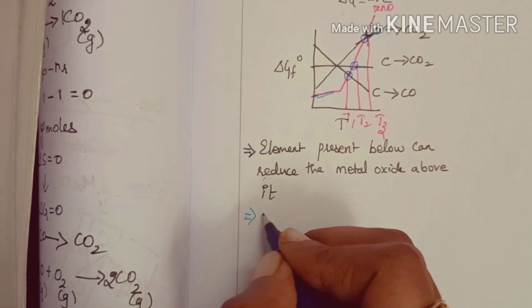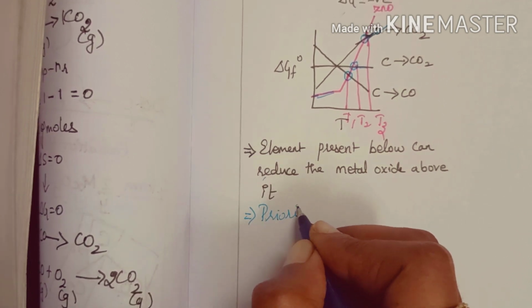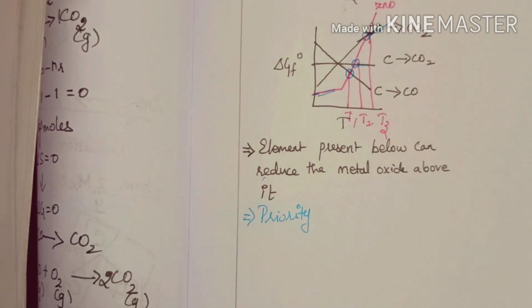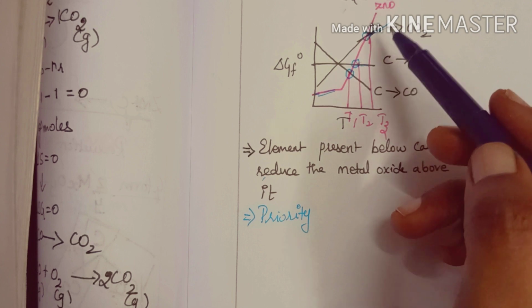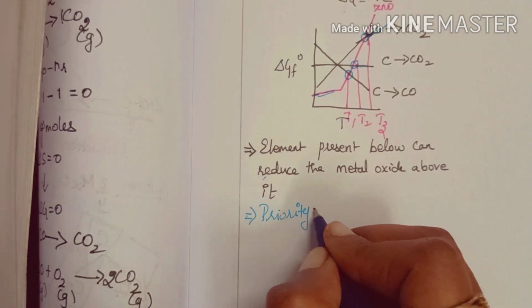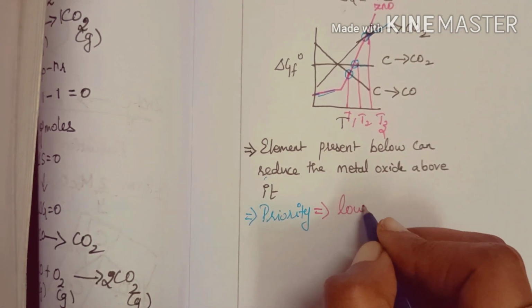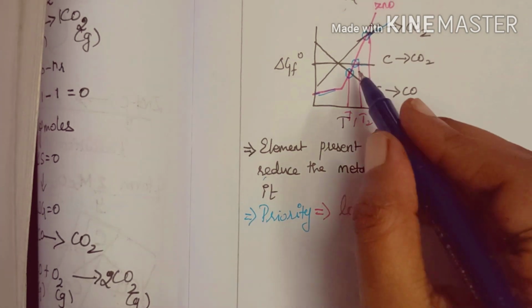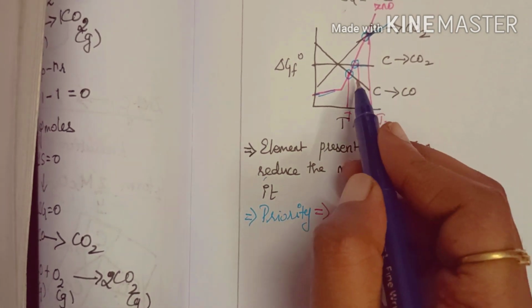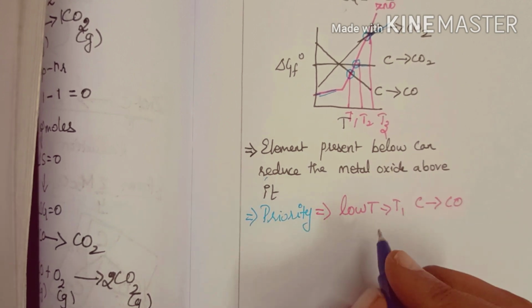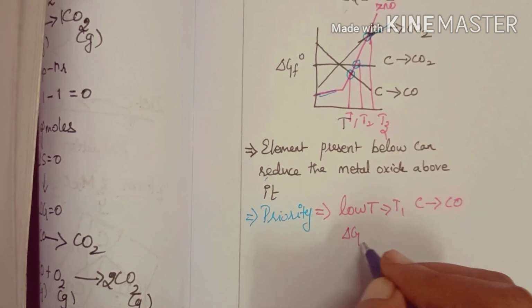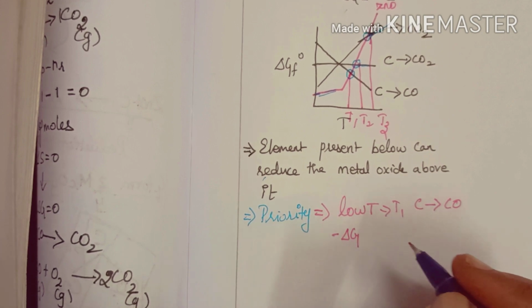And the second one goes for the priority. If suppose two lines are present below, you can see three lines are present below. So the priority is, the first one should have the lowest temperature. The lowest temperature here is T1, and T1 is for C to CO, and it should have a negative delta G value.